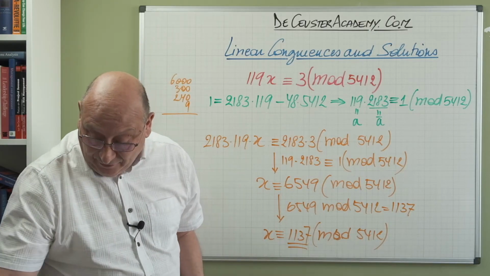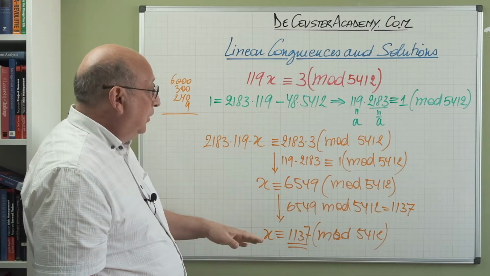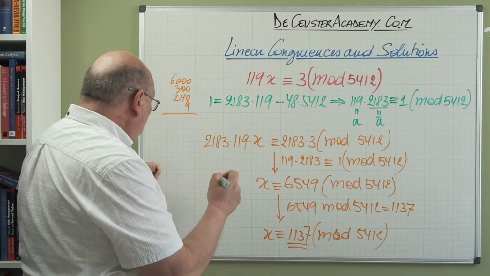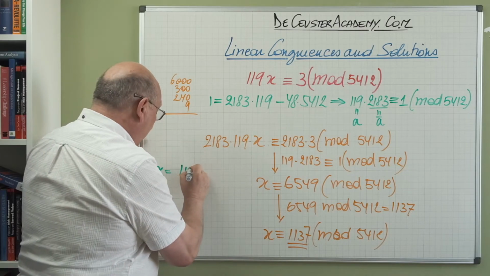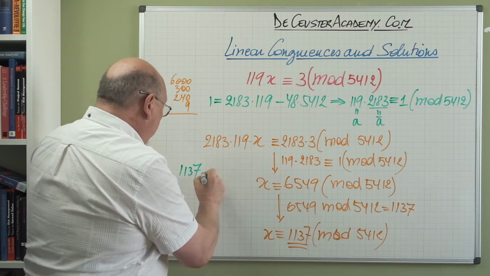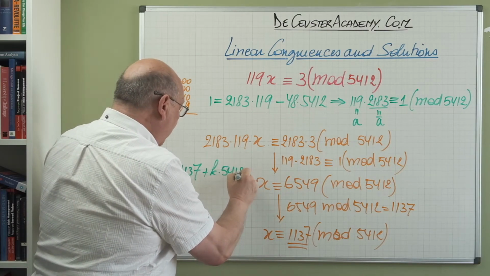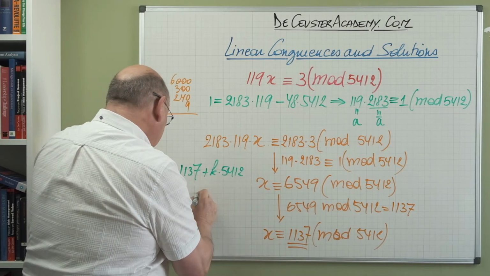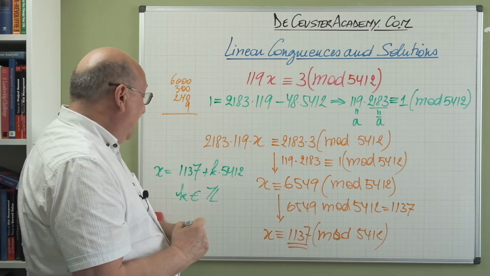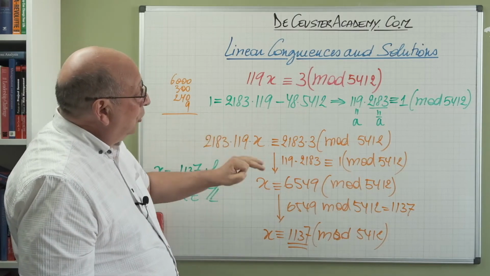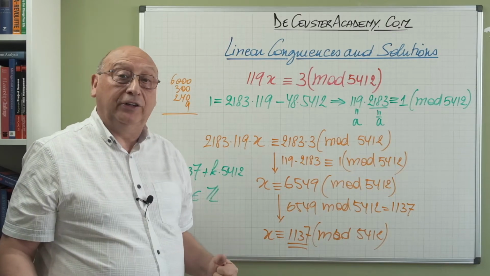Of course, all the solutions are modulus 5412, so we can also say that x is equal to 1137 plus k times 5412, and k is an element of Z. So we have all those solutions, but they're unique modulus 5412.